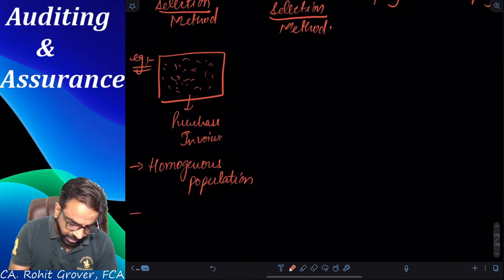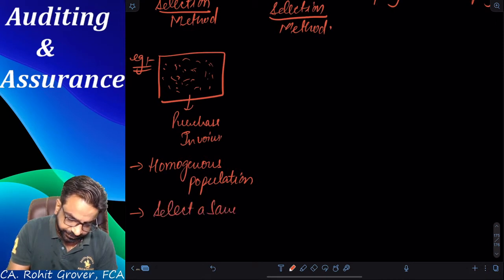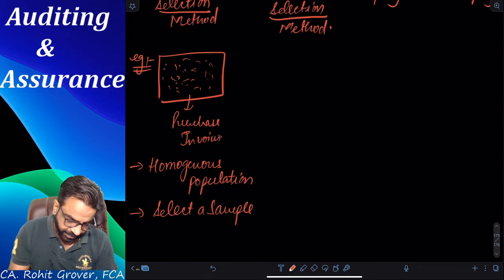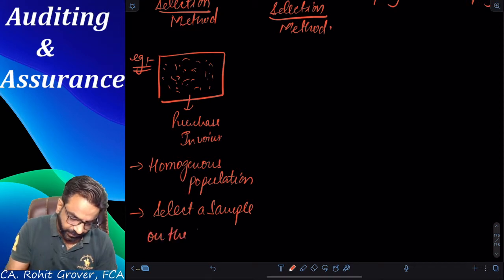And when you are going to select a sample on a random basis, on which basis?